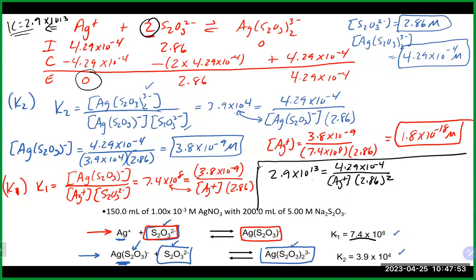If we swap places with these two, our silver concentration would be 4.29 divided by 2.9 times 10 to the 13 times 2.86 squared, which is exactly what we got using the individual steps. So you could still use the overall reaction and the overall K value to get the silver concentration.